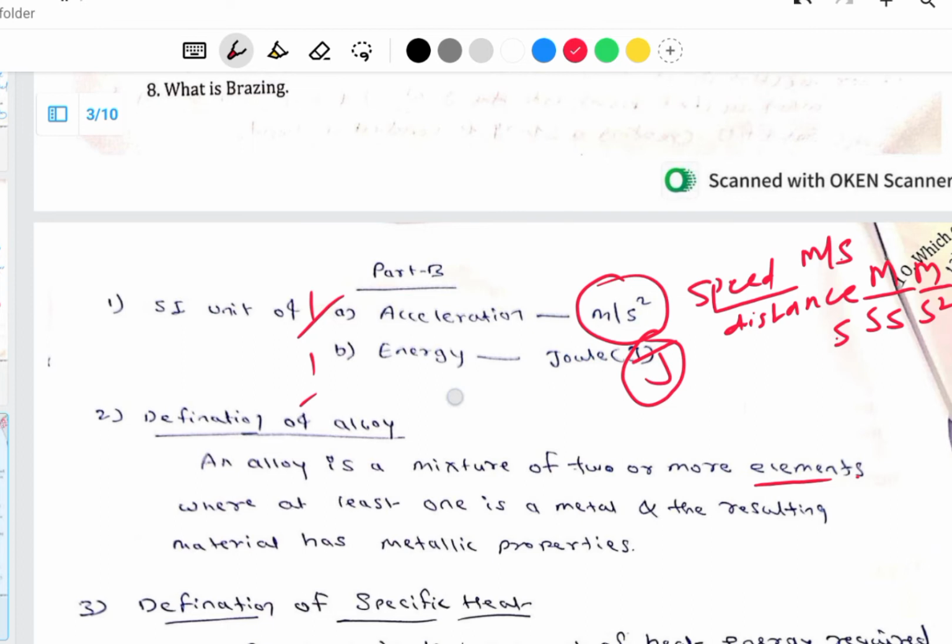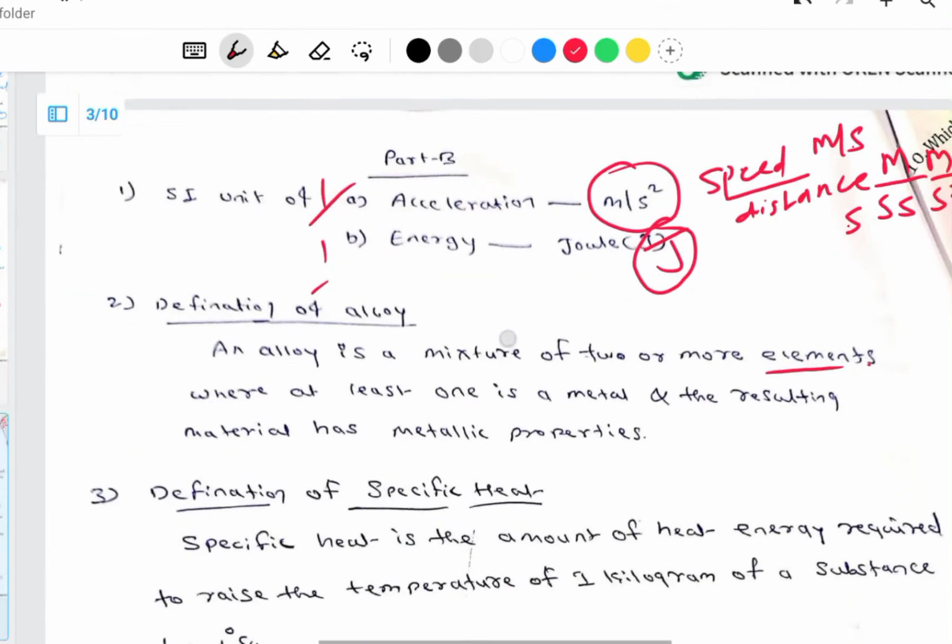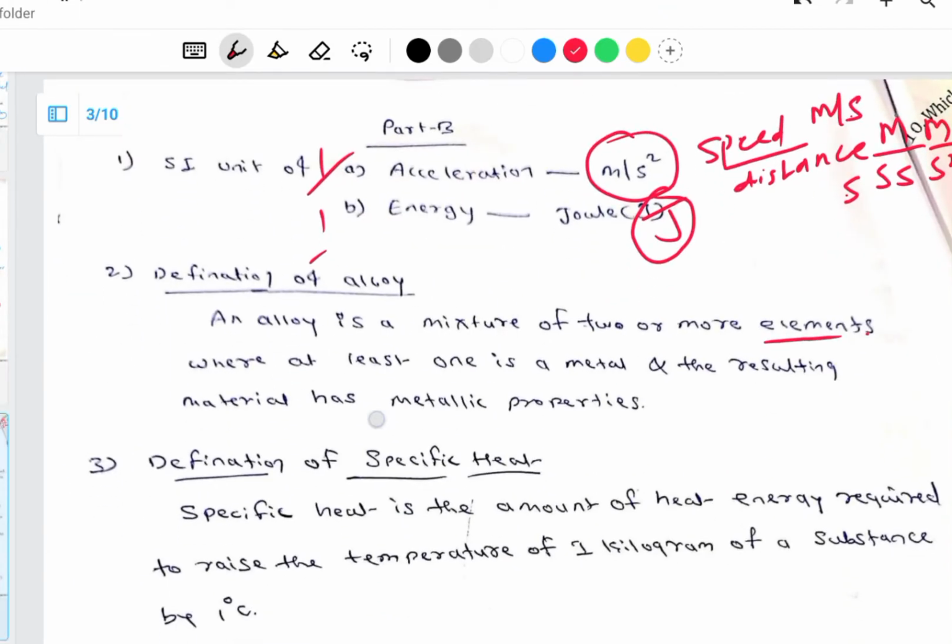The next, alloys. Define the alloy. Alloy is a mixture of two or more elements where at least one is a metal and the resulting material has metallic properties. So when you are mixing two or more metals, a new material is going to form.